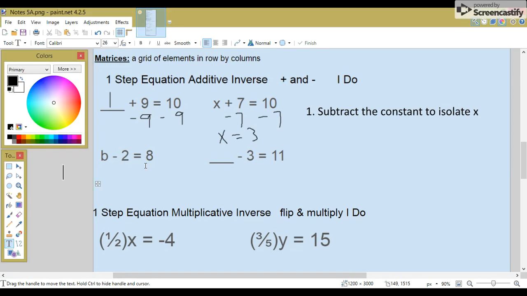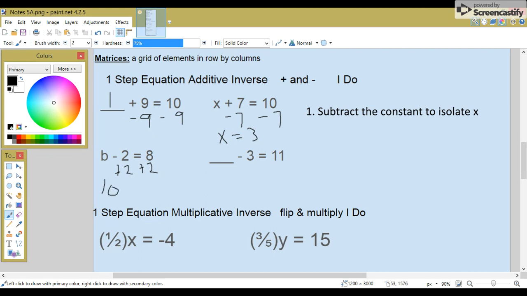B minus 2 equals 8. To get the answer, you add 2 to each expression. B equals 10. Something minus 3 equals 11.